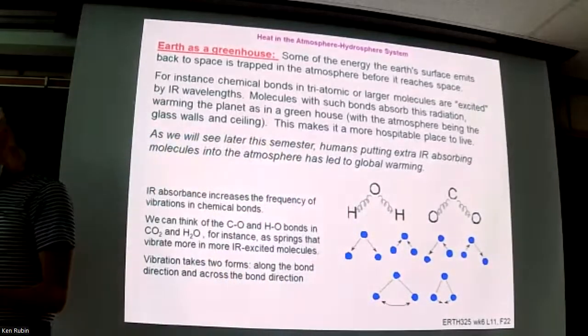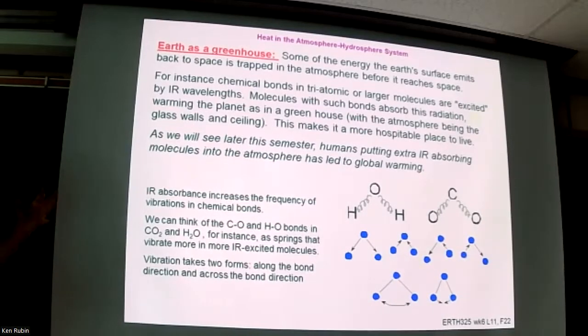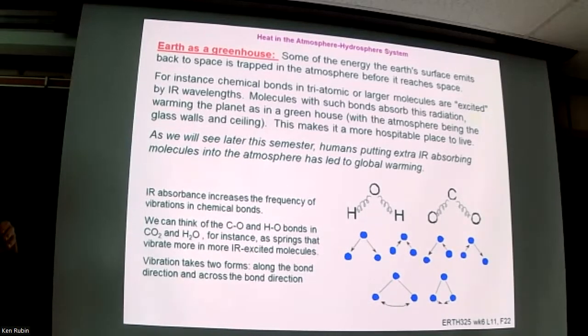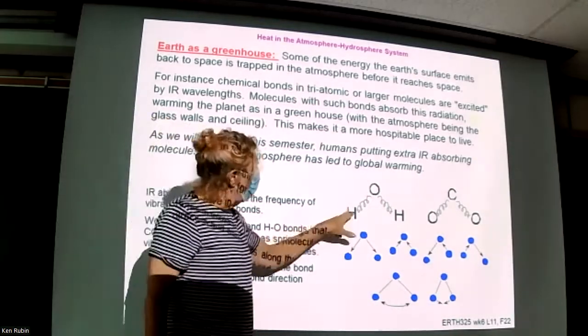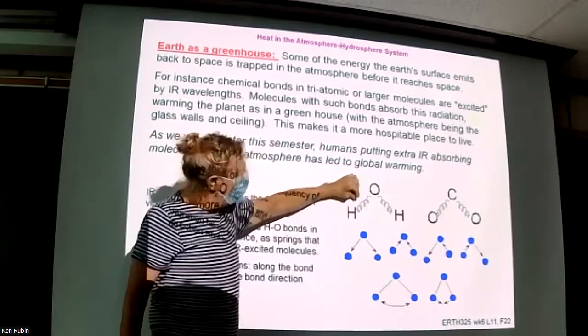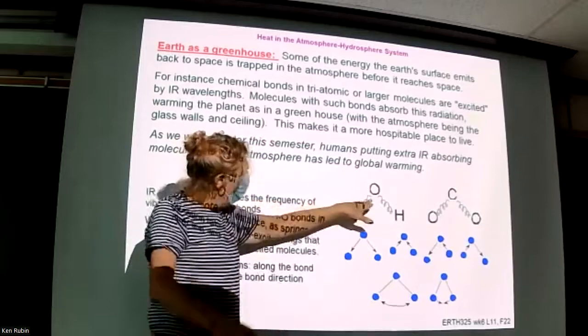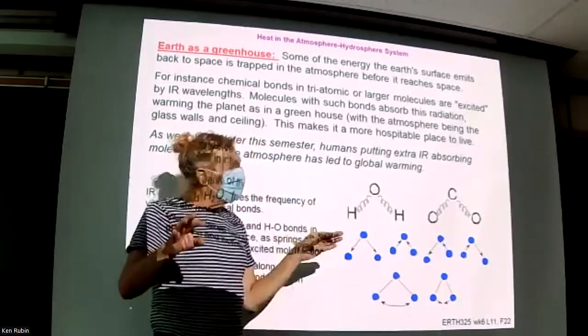And in quantum mechanics, one of the ways that chemical bonds are modeled is as springs with a spring constant. The vibrational modes of these molecules can be, for instance, the spring getting bigger and smaller. It can also be the spring of this angle here changing, going in and out. And there are various other vibrational modes too.